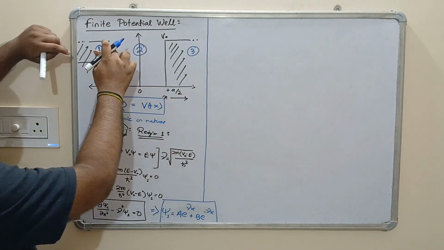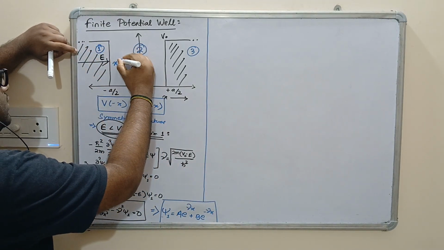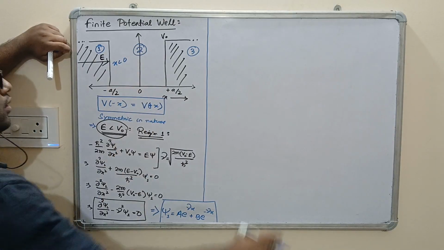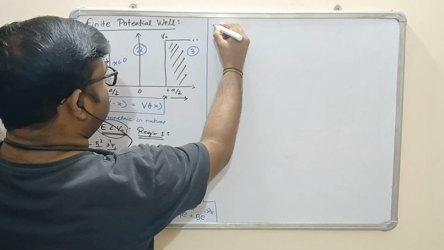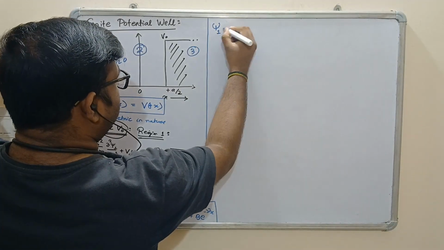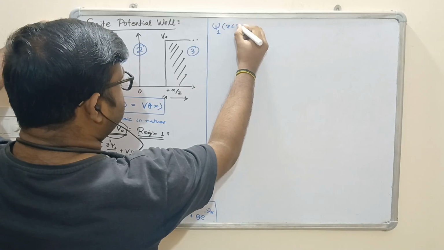If you see, region 1 is at a point when x is less than 0. So when you put x less than 0 in this equation, you can see psi 1 for x less than 0.